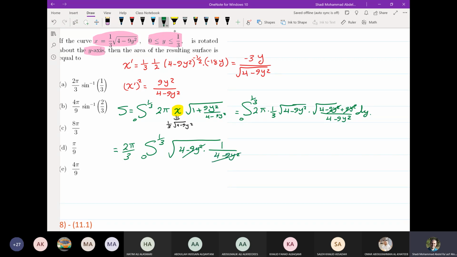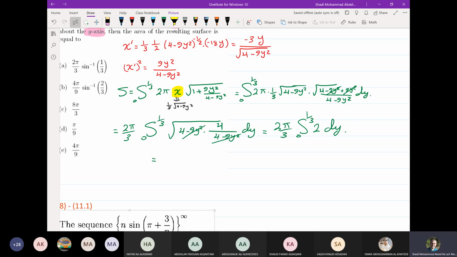I mean, this one will simplify with that one. So it will be 2 pi over 3, integral from 0 to 1 over 3. There is a mistake. What is it? It should be 4 pi over 3, 2 dy, right?